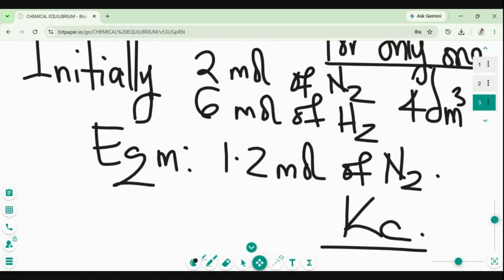So they got 2 moles of nitrogen, mixed them with 6 moles of hydrogen in a vessel which has a volume of 4 decimeters cubed. And then it was found out that at equilibrium, we only had 1.2 moles of nitrogen. So how do we deal with case 3? Let's handle case 3 and we see how we finally get the Kc.